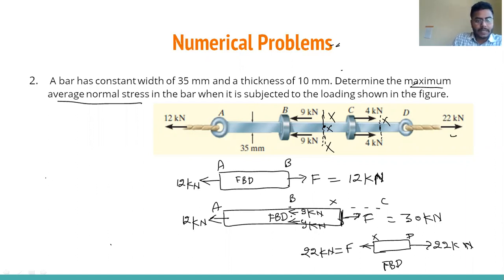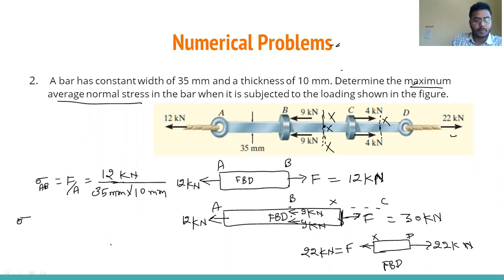Now we can calculate normal stress for the AB section. That will be F by area. Area is constant throughout the cross section, throughout the length of this bar. So we can write 12 divided by area, that will be 35 mm into 10 mm, kilonewton.